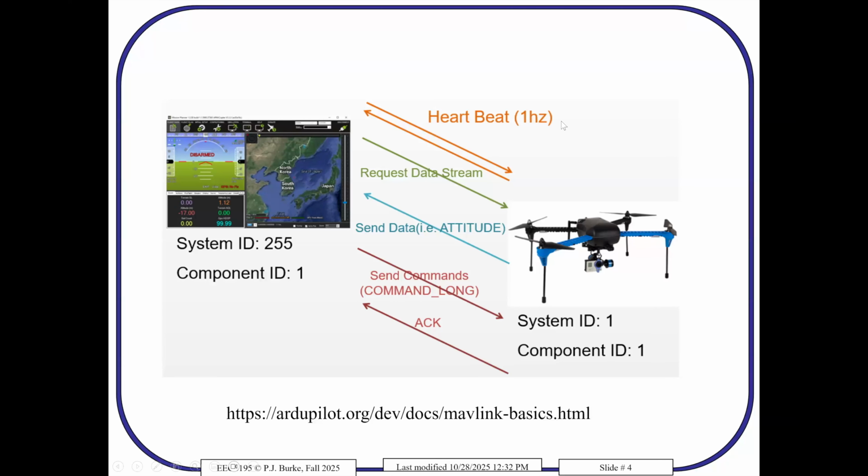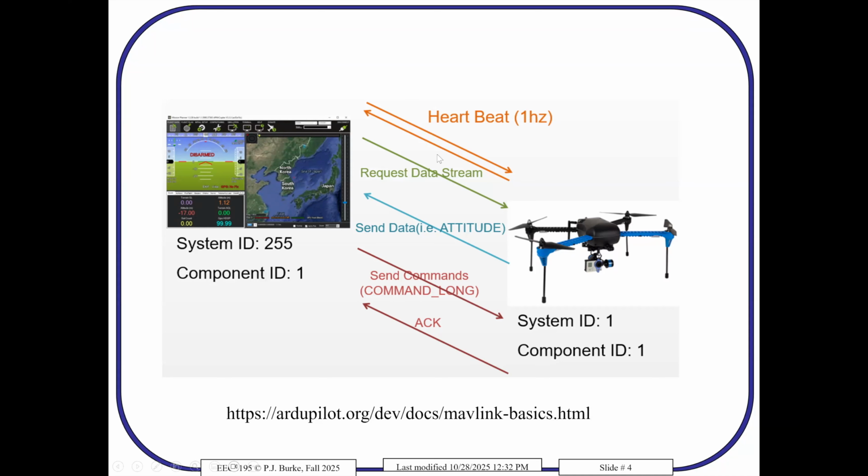Okay, so Mavlink is the language that Mission Planner has been using to talk to your drone on the bench. All the work that you've done for me and for yourself and for your drone this quarter, whenever you connect Mission Planner with a USB cable to the flight controller, the language they're using to communicate is Mavlink.